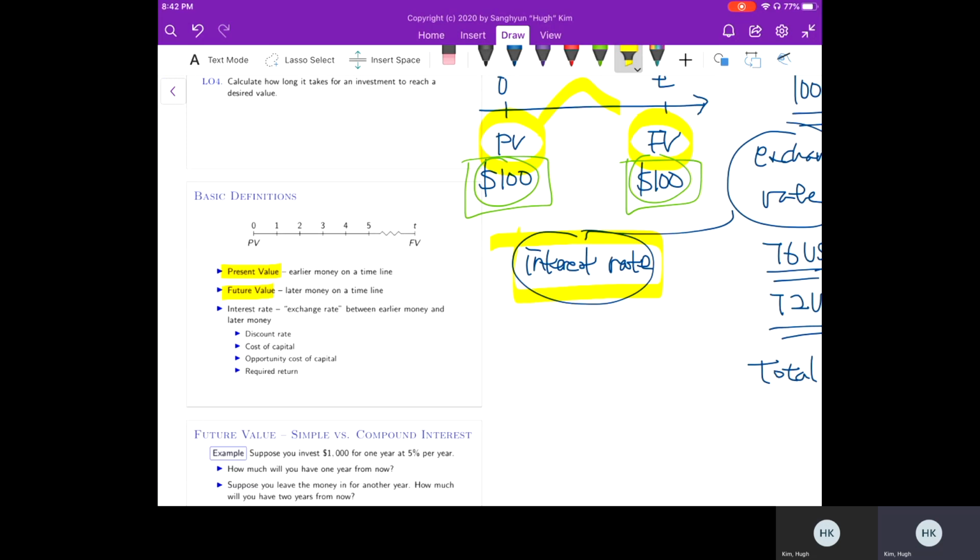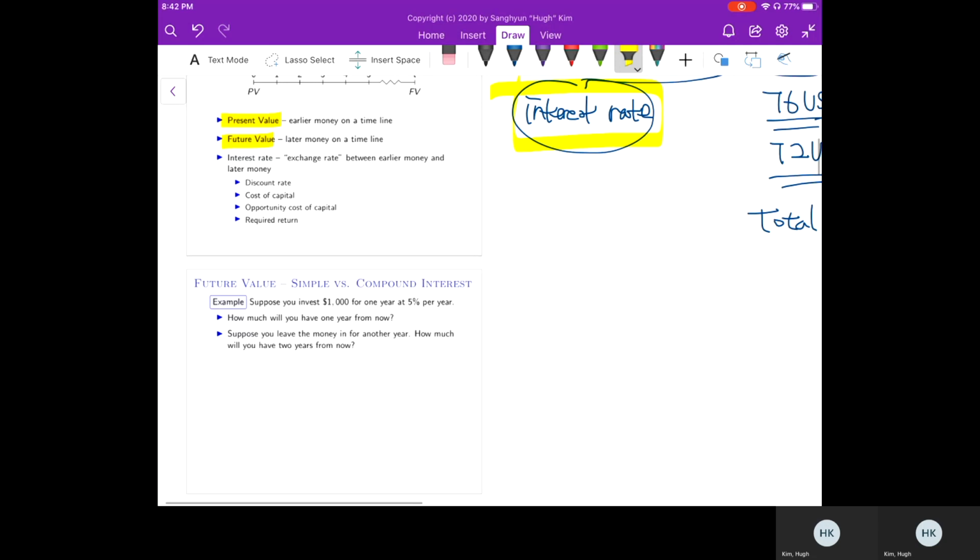So first we're going to see future value. So suppose you have $1,000 today. So you're going to invest this for 1 year at 5%. So you want to know how much you'll have a year later.